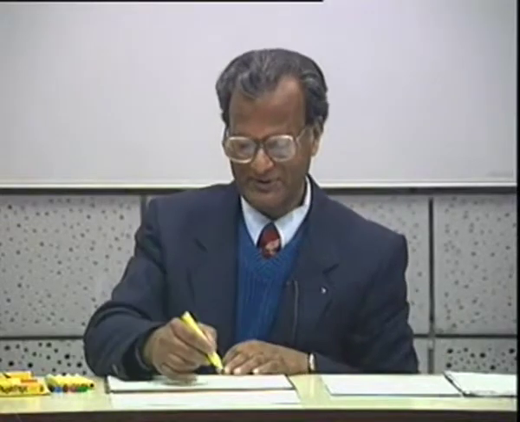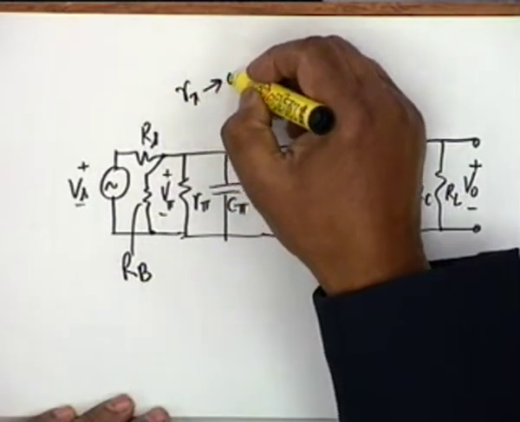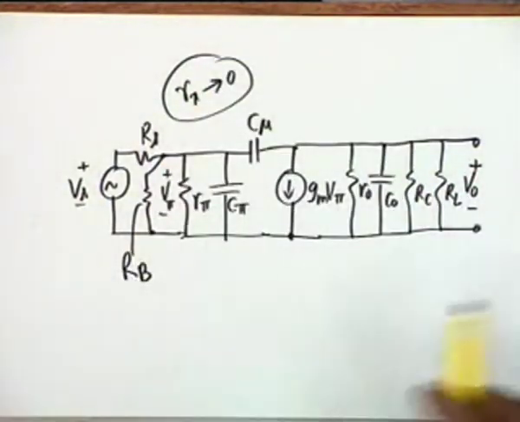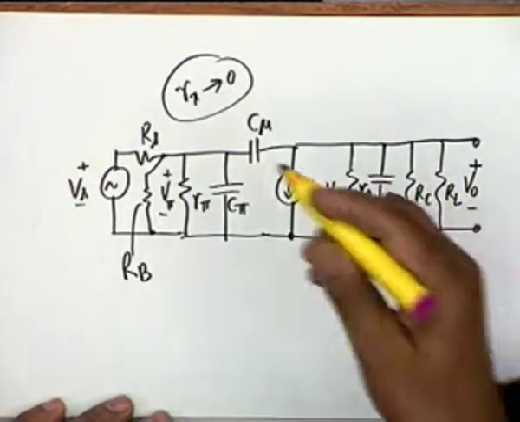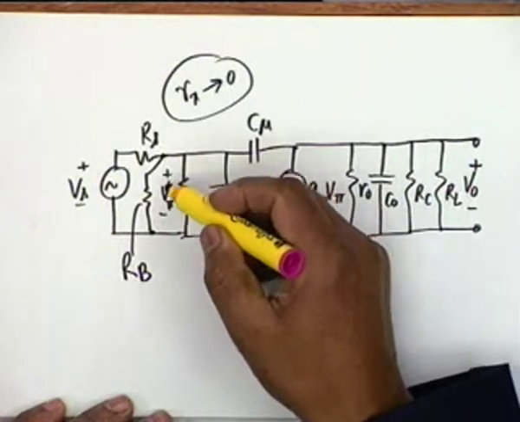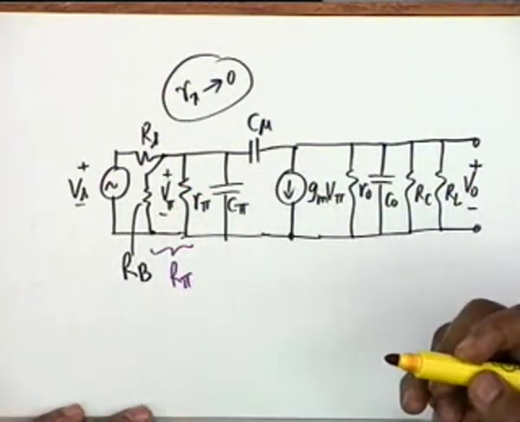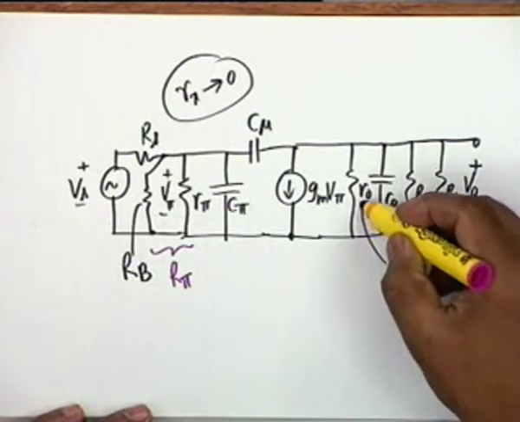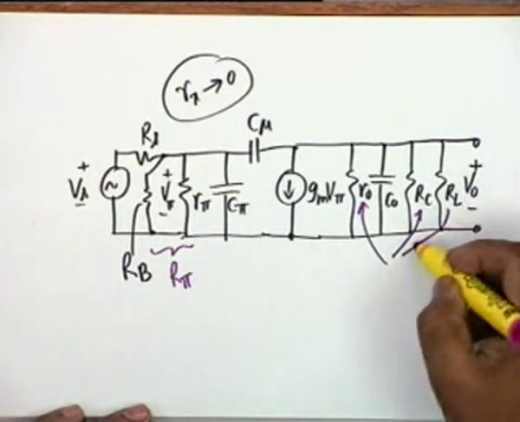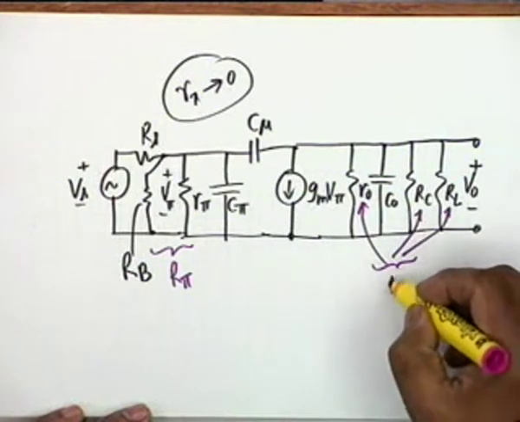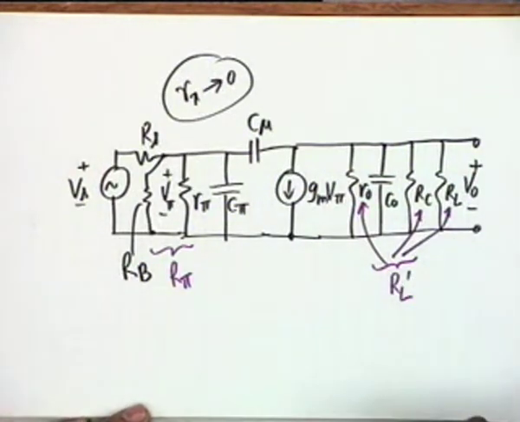Rx we have ignored. Rx tends to 0, that's what you assumed. And we simplified Rb and R pi. These two parallel combination we said capital R pi, and the parallel combination of R0, Rc and RL, these three we called RL prime.